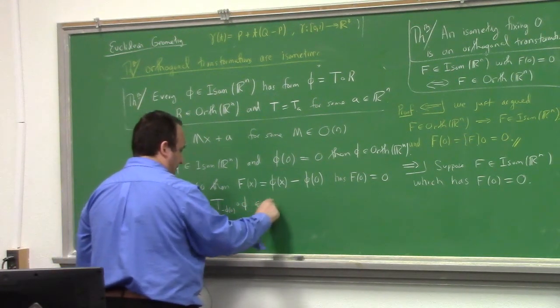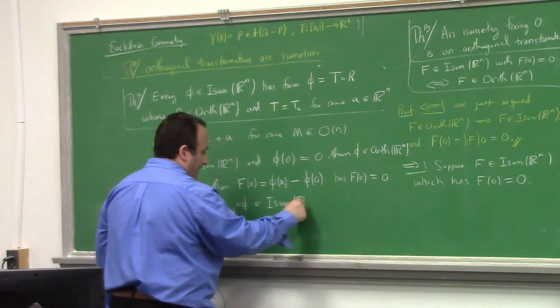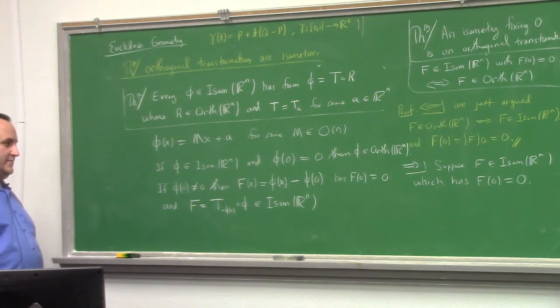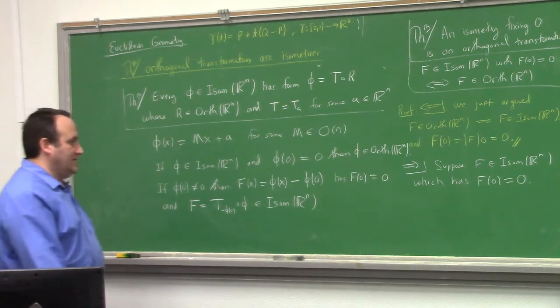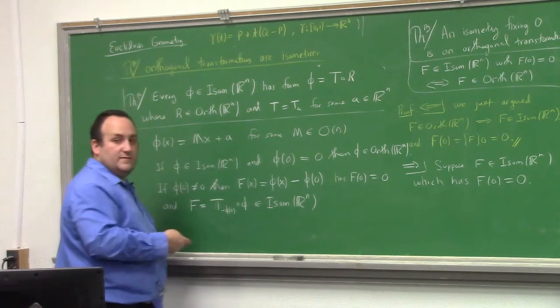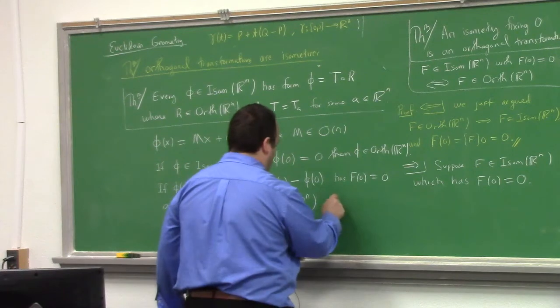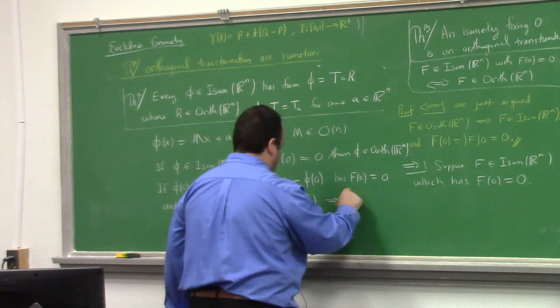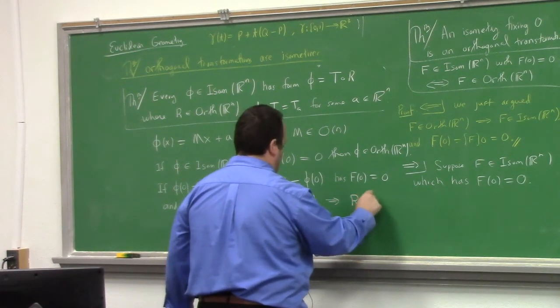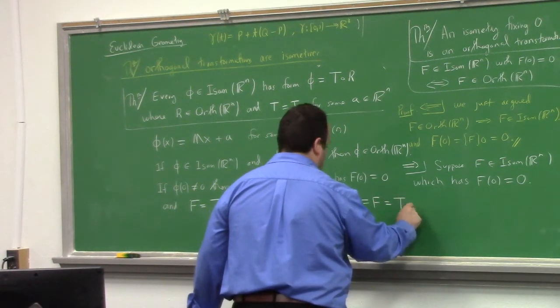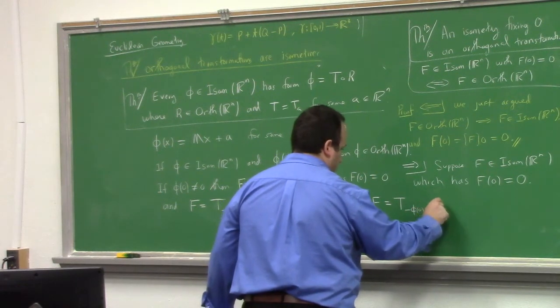And as such, it's an isometry. Well, I subtract off whatever it is at 0, that fixes 0. So just translate, make it 0, go to 0. And when you do that, that makes f of x an origin-fixing isometry, which makes it a rotation. So f equals the translation by minus phi of 0 composed with phi.